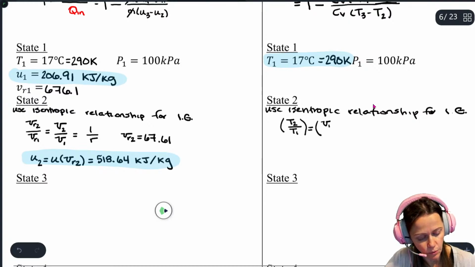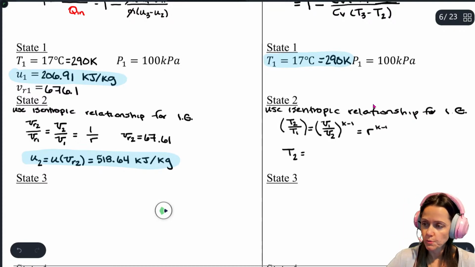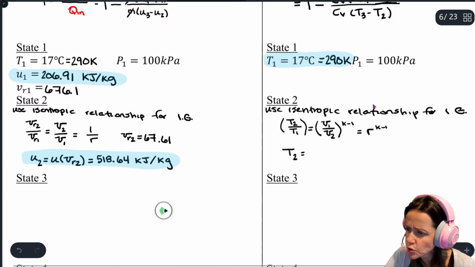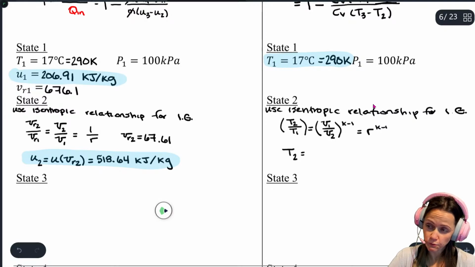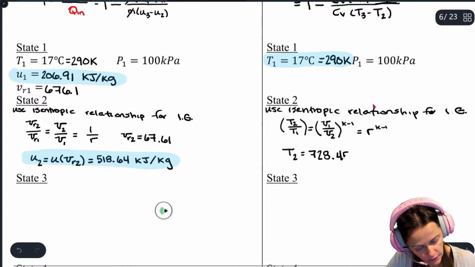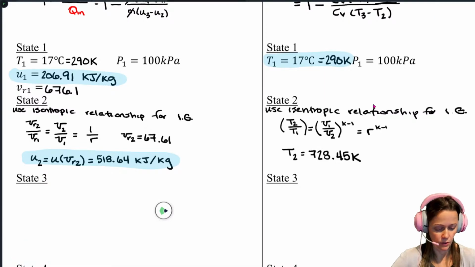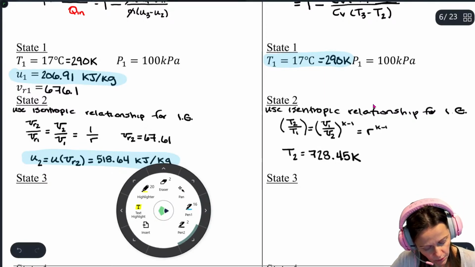So this is V1 over V2 to the K minus 1, and it's just a matter of plugging things in. So this will be R to the K minus 1. So my temperature ends up being 728.45. Perfect, and that is in Kelvin. Make sure that you put the temperature in Kelvin, otherwise that will not work.